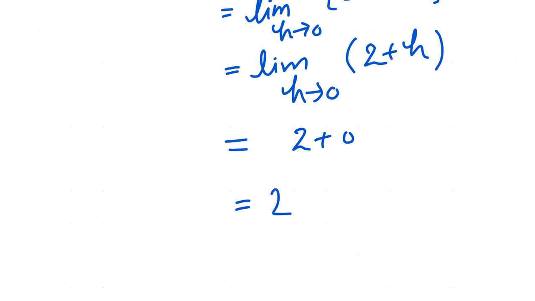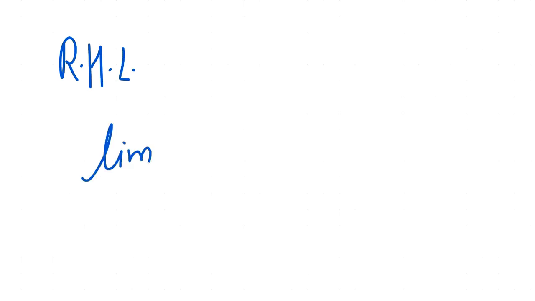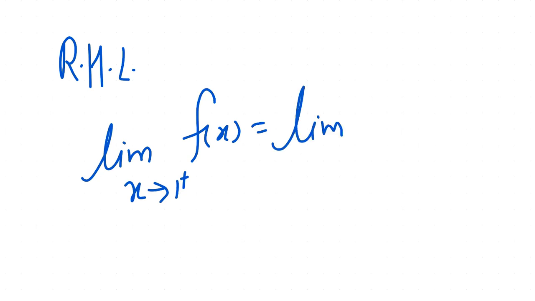Now let us find RHL. So RHL is limit x tends to 1 positive f(x), equal to limit, in terms of h, h tends to 0 of f(1 plus h).